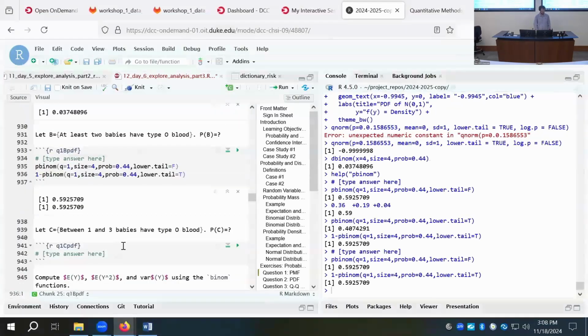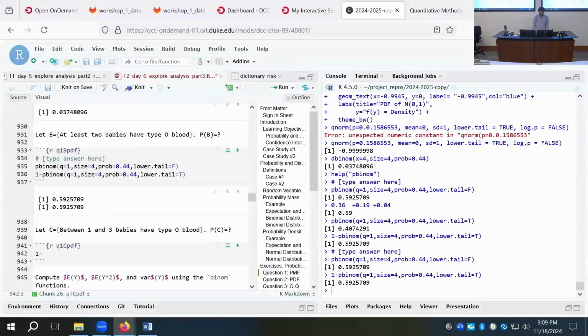All right, so next up, we want to know if between 1 and 3 babies have type O blood. There's a couple different ways to do this, so I'll go over a couple. The first thing, we know it has to sum up to 1. This covers 3 out of the 5 possibilities, right? It doesn't have 0 and 4. So I'm going to do 1 minus those 2 probabilities.